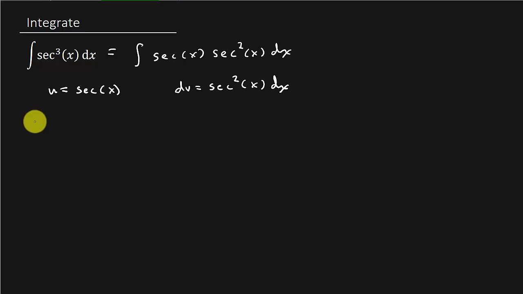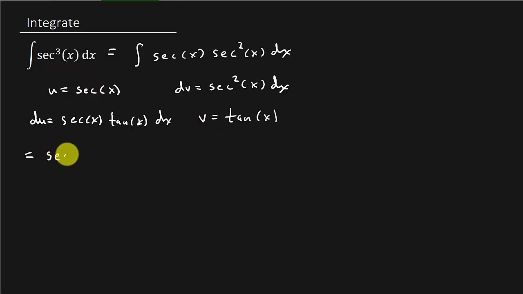All right, so we get du is equal to secant x tangent x dx, and v is equal to tangent x. So the integral is going to be u times v, so we get secant x tangent x minus the integral of v times du.